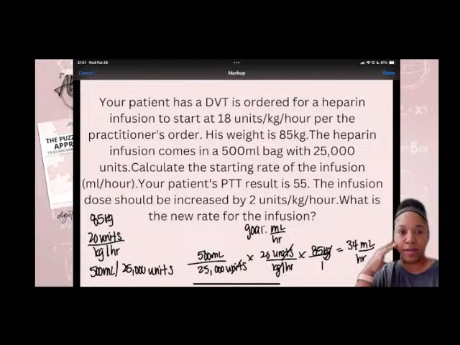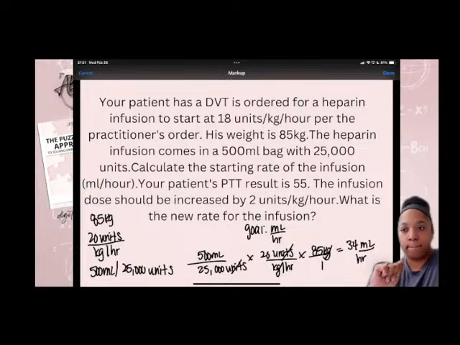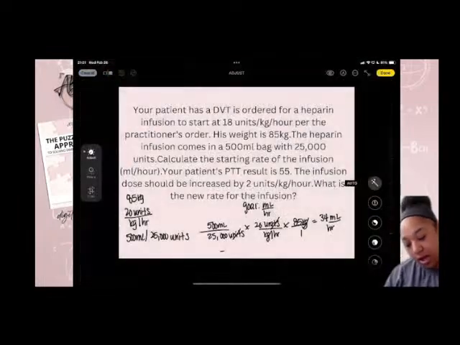Makes sense? Any questions? We're doing dosage calculations. All right, boom. Let's do the next one.